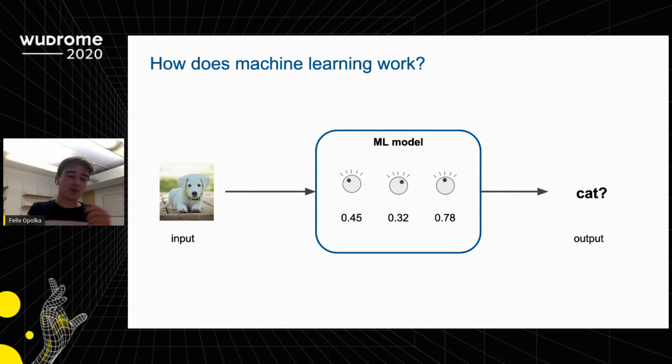With the radio, you probably do this by sound. You just try one direction, try the other direction, and see whether you can find the right frequency. Luckily, with machine learning models, we don't have to do that. That would be quite cumbersome because you would have to do that for billions of parameters. So instead, we can use an algorithm.